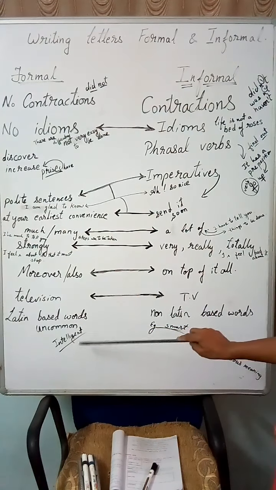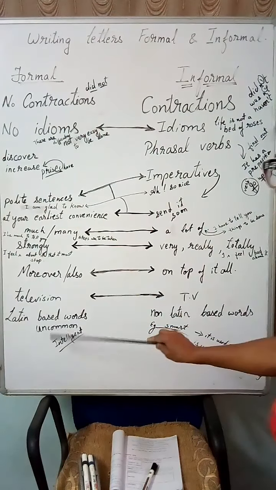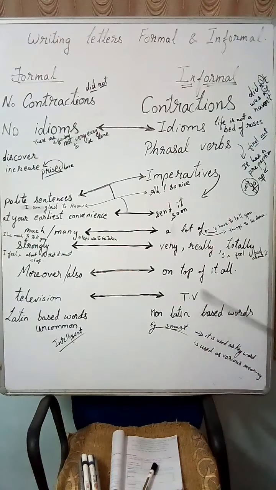We use some words, but they are uncommon. Mostly we don't use some words like that. In informal letters, non-Latin-based words are used, like smart. Smart is used with various meanings. Over here I have given you the example also. It is used as a keyword because it has many meanings. But here we use intelligent instead of the word smart.